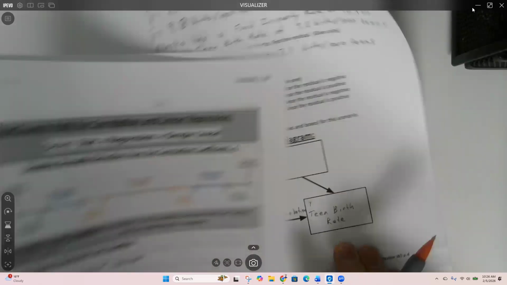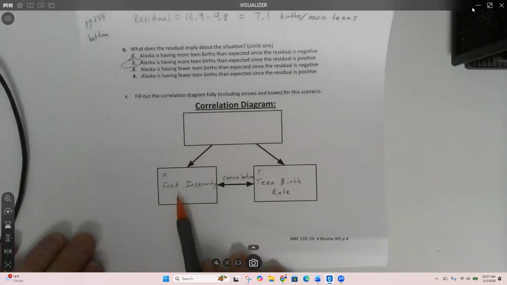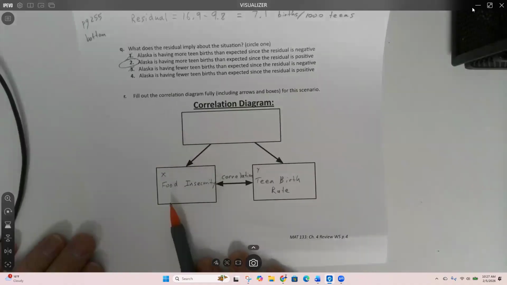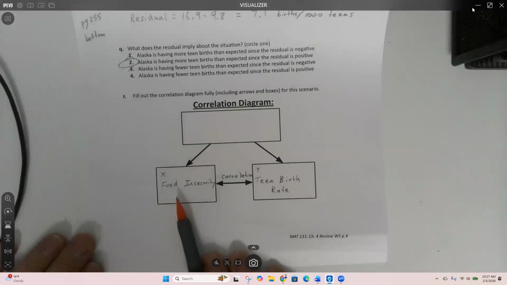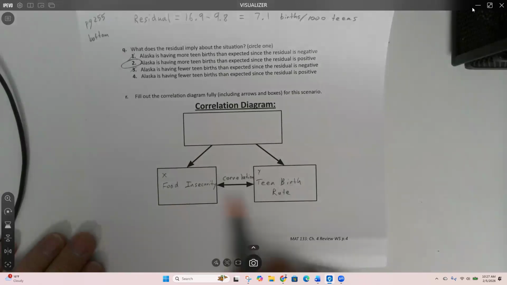So in this case, if a state has high food insecurity, that means a lot of people don't have enough food, and they have a high teen birth rate. That doesn't mean that this is causing this.